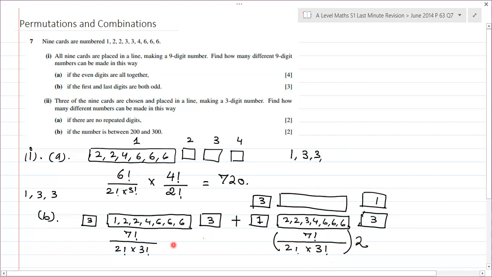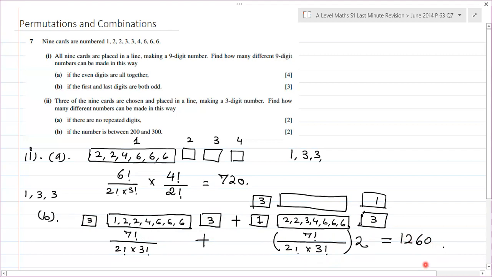So my final answer would be 7 factorial over 2 factorial multiplied by 3 factorial for starting with 3, ending with 3, plus 7 factorial divided by 2 factorial times 3 factorial multiplied by 2, because it can start with a 3, end with a 1, or start with a 1 and end with a 3. So these 2 fractions added up would give me a total of 1260 as my final answer.